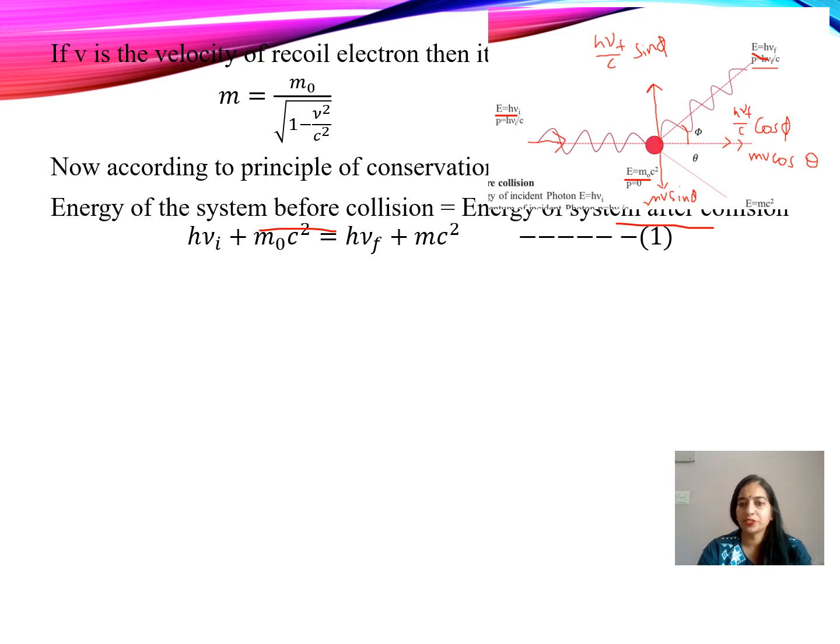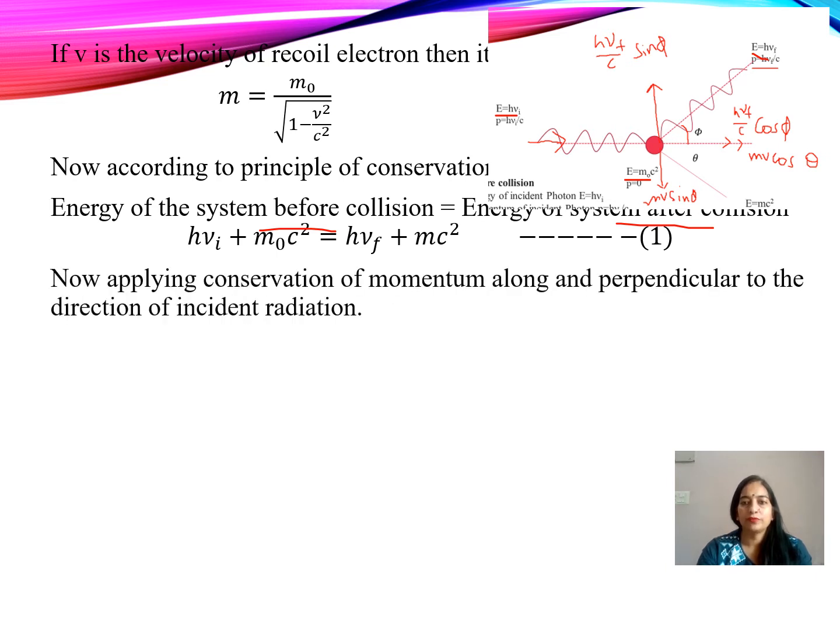Now if you remember this diagram, it clearly shows that in the vertical direction we have only momentum for the scattered photon and the recoil electron. So apply the conservation of momentum along and perpendicular to the direction of the incident photon.